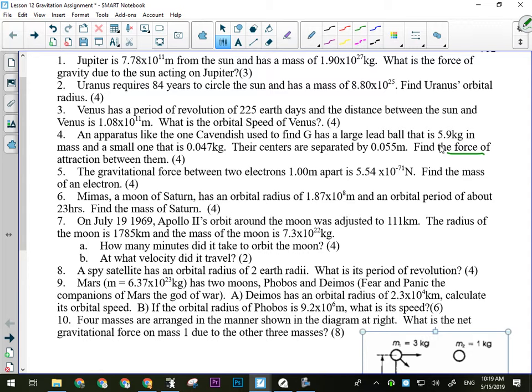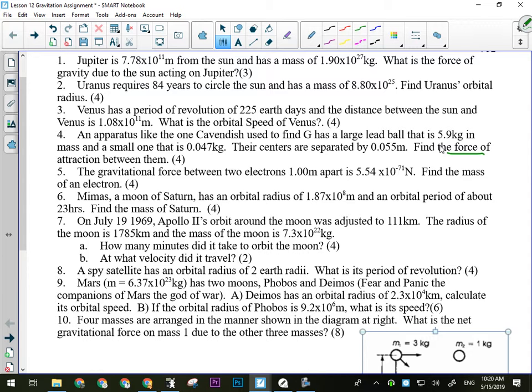Find the mass of an electron. Something to keep in mind, electrons are all what? Yes, but they're also all identical. All electrons have exactly the same mass. Keep that in mind. It'll be helpful when you're doing your manipulation on that one. We're talking about 2 electrons. Mass 1 and mass 2 are both electrons.